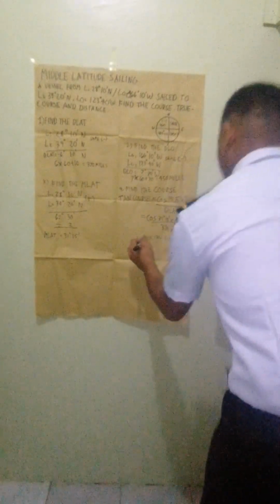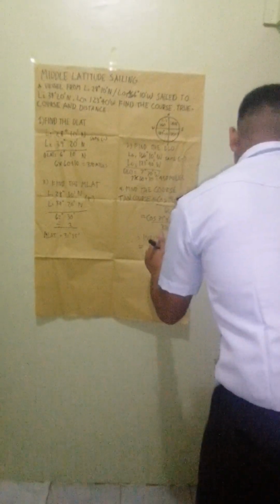And then you must take the inverse tangent on the calculator, and the answer is 1.03976. If you inverse it, the answer is 46.1 degrees.